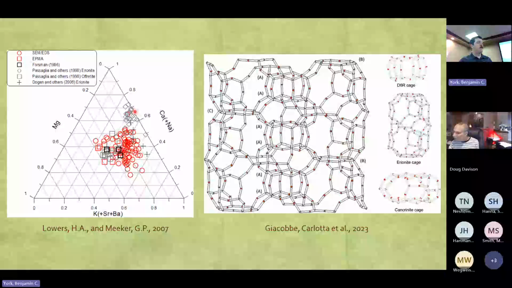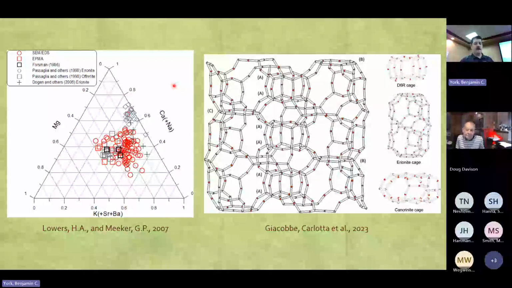Erionite is plotted much more on this side up here, where offretite was plotted much more in the center. And this backs up some research that Nels Forsman did way back in 1986, where offretite was mapped right here. But important to note, these little pluses here on the side are the Turkish Erionite, and we'll get into a little bit later why those are important.